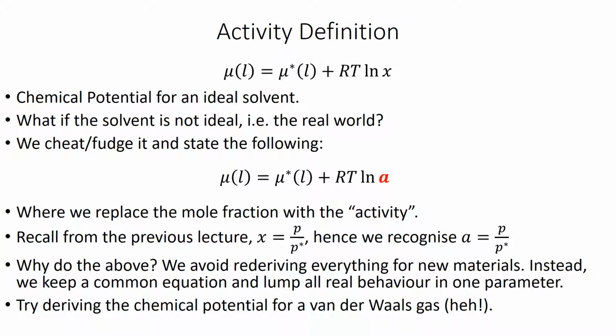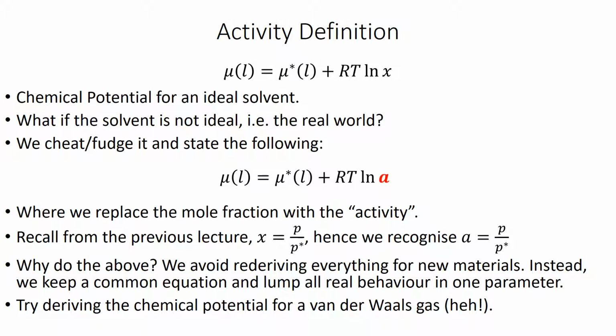Now, why do we do the above? We do this so that we avoid rederiving everything we've done so far for any new material. Instead, we keep a common equation and lump all real behavior into one parameter.